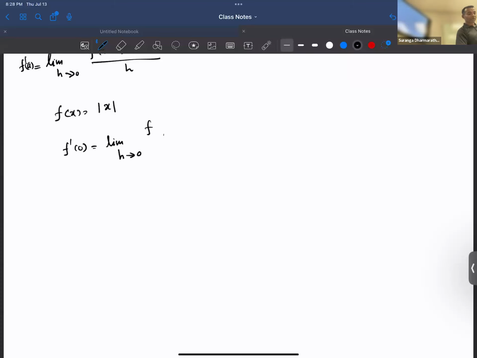So f of 0 plus h minus f of 0, divided by h. So 0 plus h is h. So you substitute just h instead of x. So you get magnitude of h, minus f of 0, which is magnitude of 0, that is 0, and divided by h, as h goes to 0.